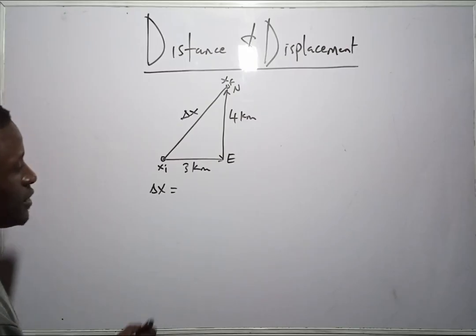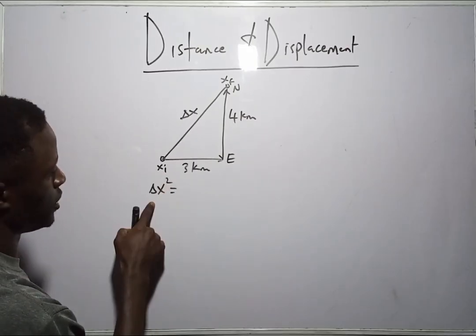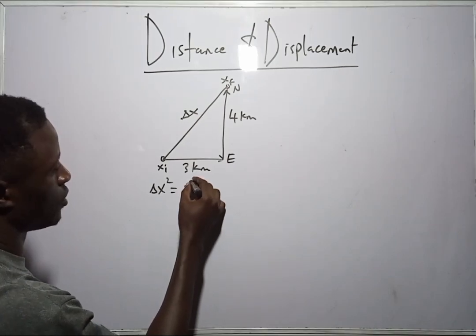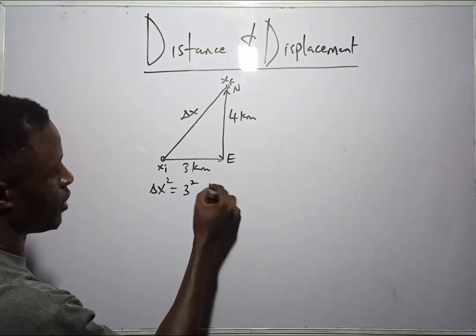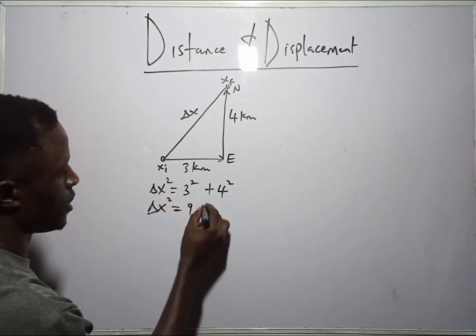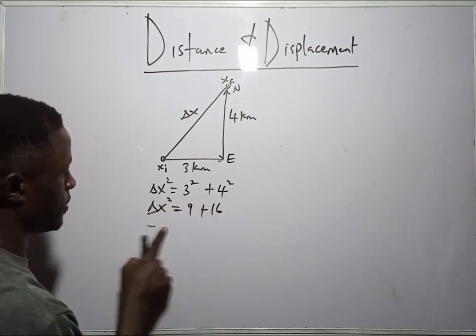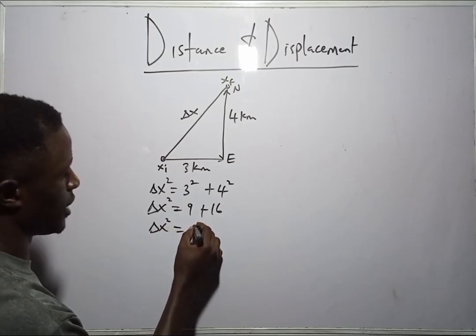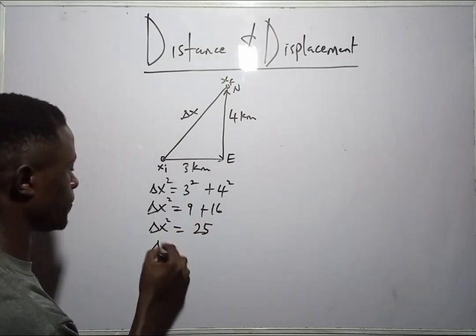So if I want to find the displacement, the displacement side squared, that's the hypotenuse side squared, is equal to 3 squared plus 4 squared. The displacement side squared is going to be 9 plus 16, which gives 25.